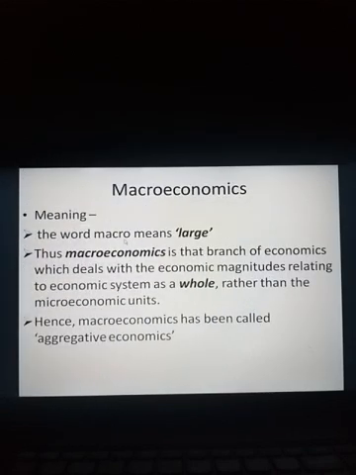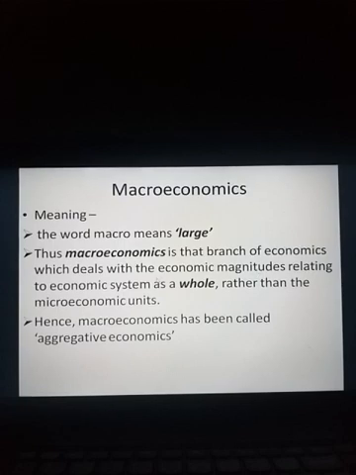Now, let us move to the second part, macroeconomics. First of all, we need to know the meaning of the term macroeconomics. The word macroeconomics is derived from the root word macro, which means large. Thus, macroeconomics is that branch of economics which deals with economic magnitudes.